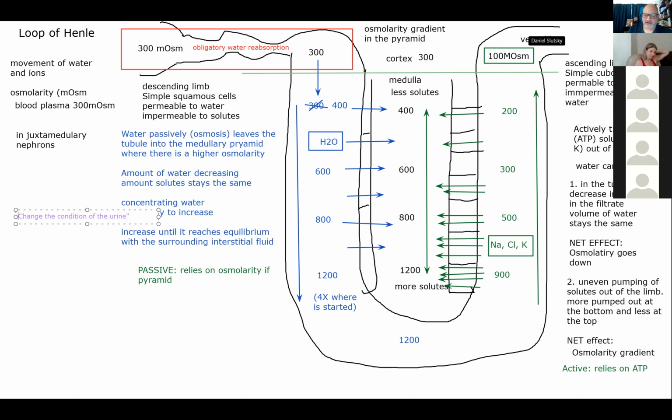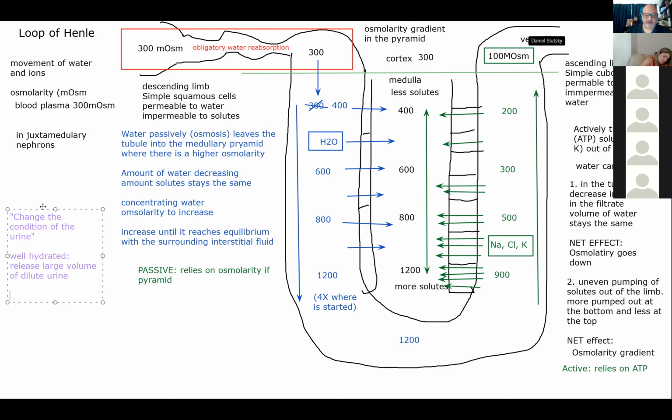We want to be able to change the condition of the urine based on the conditions of the body, right? If we are well hydrated, then we are fine releasing a large volume of dilute urine, right? We're totally fine with that.